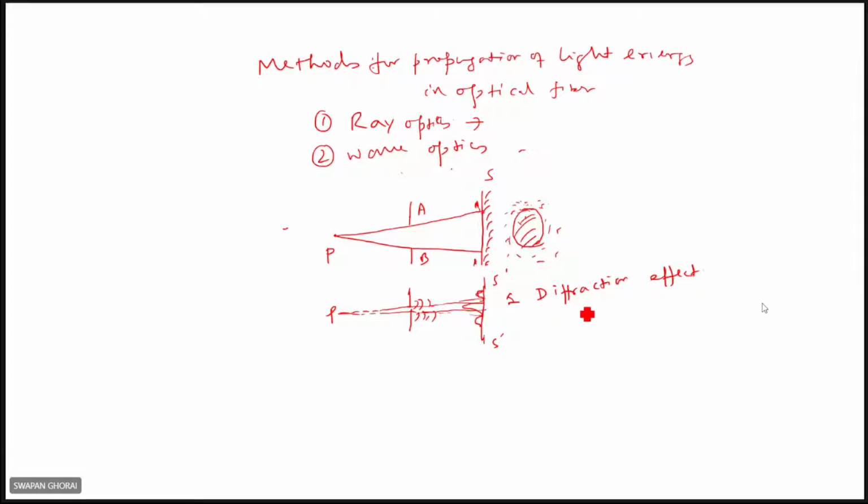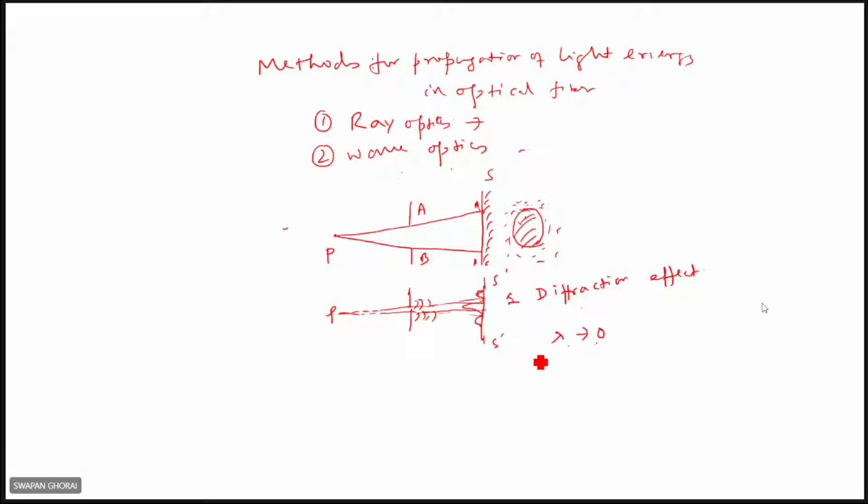Now, this diffraction effect can be minimum if this dimension is very thin, as well as if you consider this lambda, you are using light. If lambda tends to 0, then this diffraction effect will not be 0, but it will be minimized. Exact diffraction would always be there to some extent, but if you can neglect it, it is minimum when lambda tends to 0.